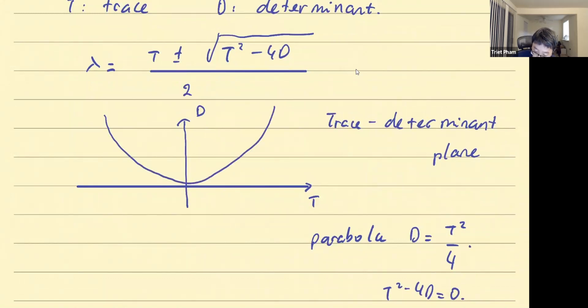So if you are above the parabola, then is this negative or positive? Pay attention, T and then D, that's the convention. If you swap things around, you get a completely different picture. So pay attention. Trace determinant, so that's why X and Y. But if we are above here, do we get negative or positive?